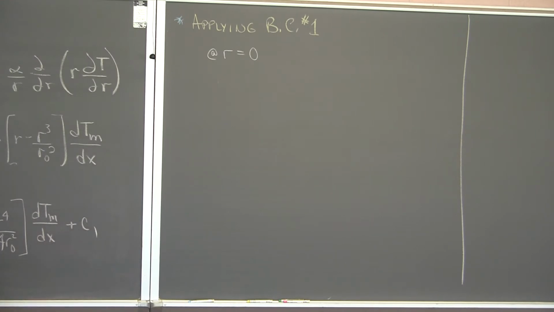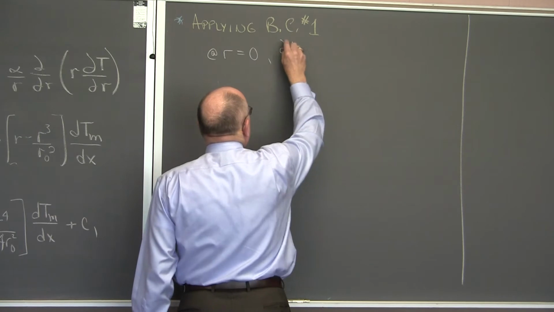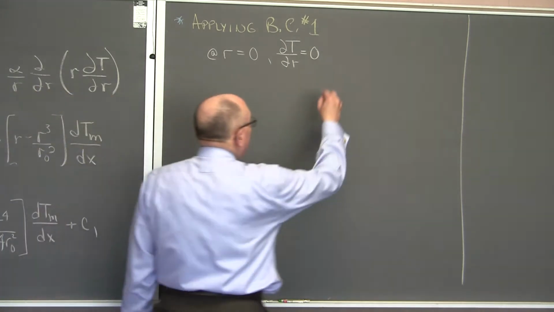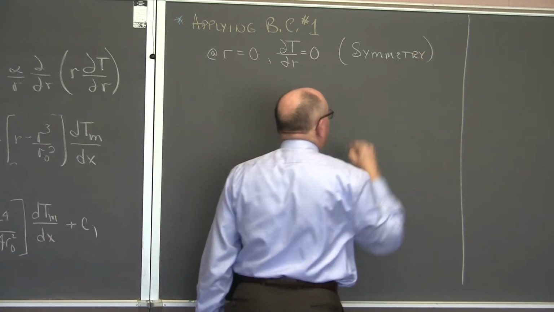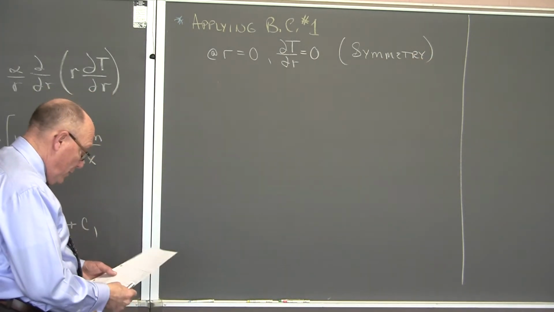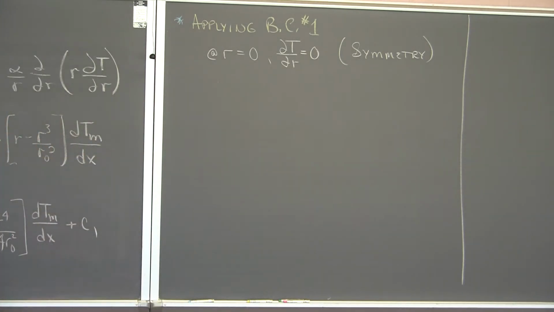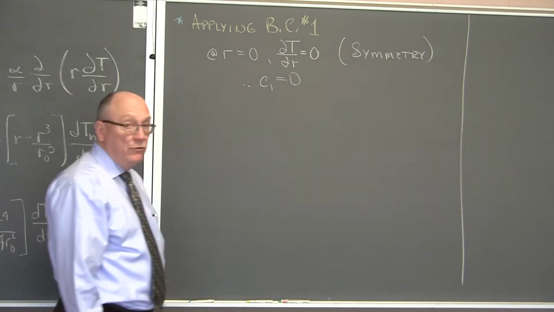Remember, r is 0 in the center of the tube, and r is equal to r sub 0 at the perimeter, around the edge. We can say that the change with respect to r due to symmetry is equal to 0. And of course, you've seen this before when we first started this section. All right. So, if that's the case, we apply this to this equation. We have r is equal to 0, this is equal to 0, and r here is 0. So that means that C1 must be equal to 0, which is always handy.